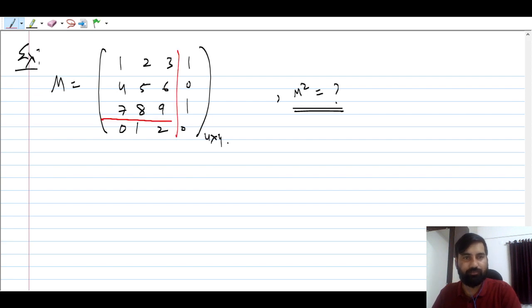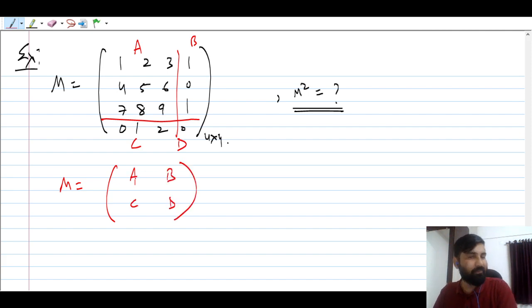You can say this is A matrix, B matrix, C matrix, D matrix. So my M matrix is now A, B, C, D. This A is a matrix, but I'm treating this as an entry so that you can multiply two matrices. A is nothing but a 3 by 3 matrix. B is a 3 by 1 matrix.